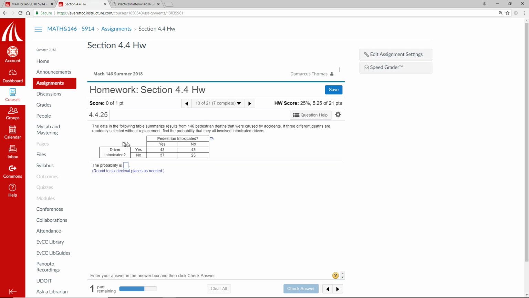If 3 different deaths are randomly selected without replacement, because we're not replacing them, you have to take one away from the total each time. The first time it'll be out of 114, the second time out of 113, the third time out of 112.